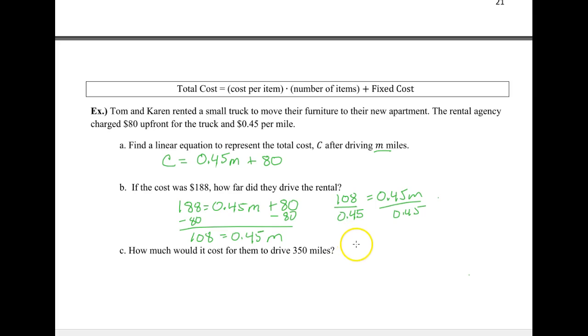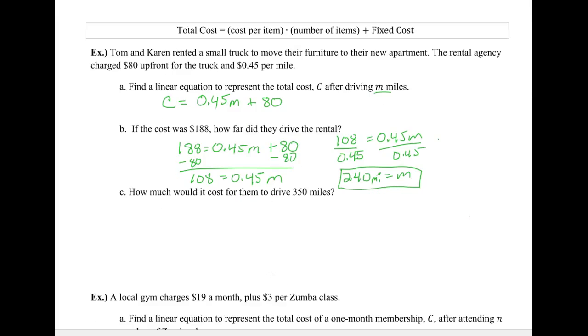And I end up with 240 for M. And that represented M was in miles, so I'm going to include my units there. So they drove 240 miles and it cost them $188.